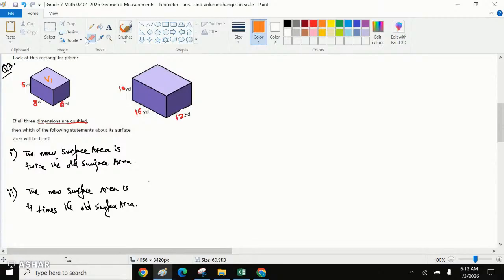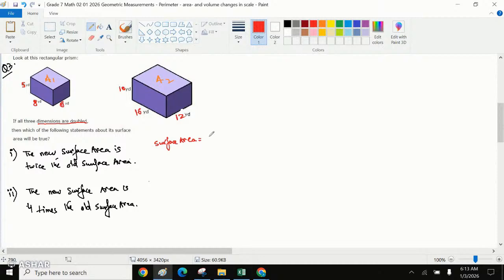So can we say this is volume 1 or the surface area 1? Let's do surface area. We need to do surface area. This is area 1 and area 2, right? We know that the formula for surface area, there are total 6 sides in a cube, right?